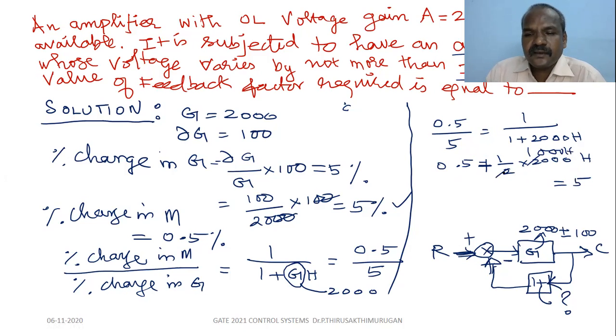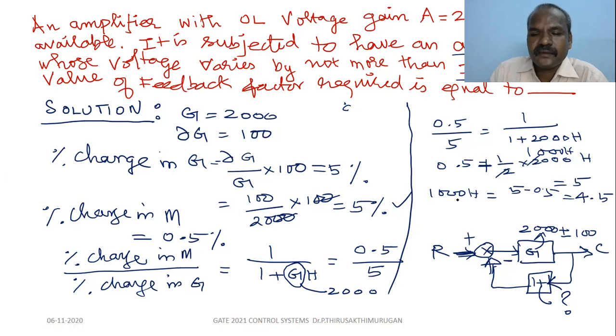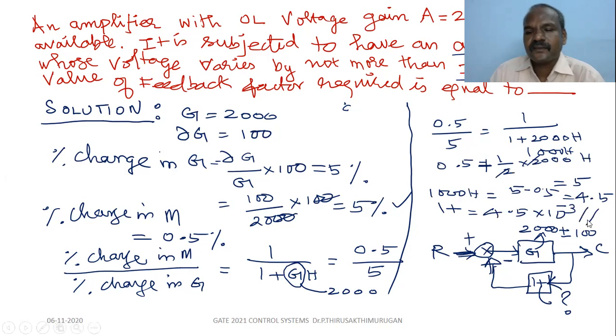Bringing that to the other side, 1000 h equals 5 minus 0.5, which is 4.5. So h equals 4.5 into 10 to the power minus 3. This is the correct answer.